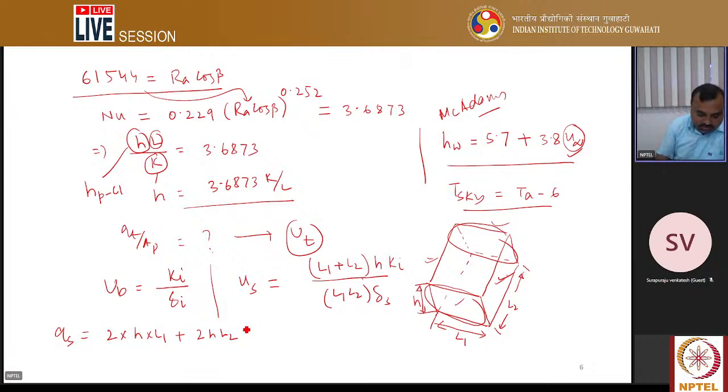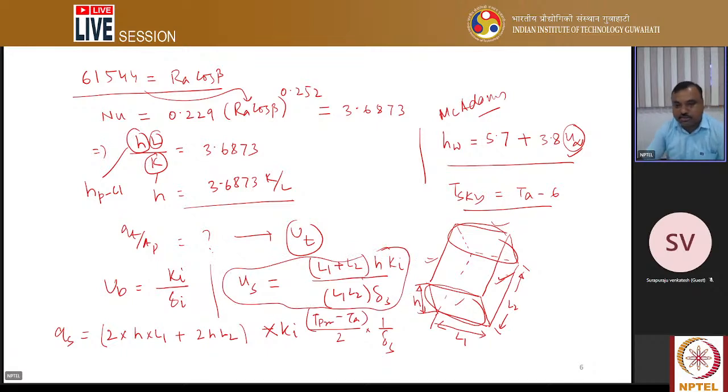This is the area, or you can simplify further. This is multiplied by Ki, then TPM minus TA, this is average, and then 1 by delta S.